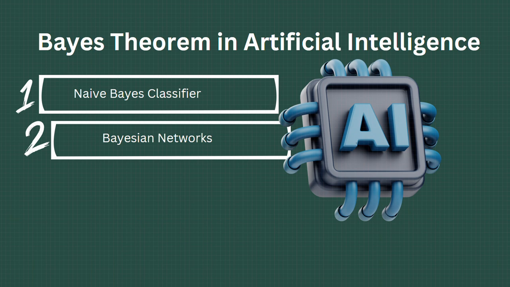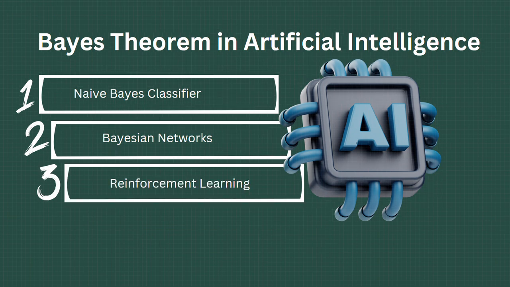Based on that we will use a Bayesian network to find the probability. We cannot be 100% sure, but we'll find the probability like 70%, 30% or more. So this is how we use Bayesian networks in daily life in artificial intelligence.